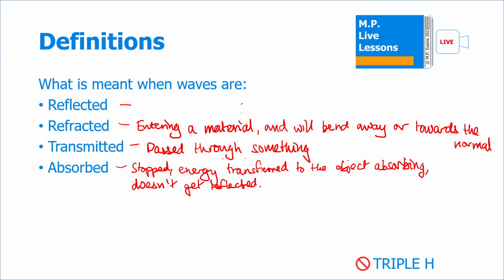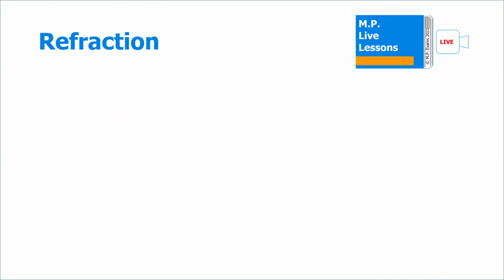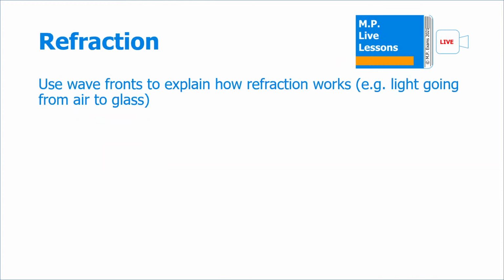Now, much larger focus is placed on refraction, where we use wavefronts to explain how this works. For example, light going in from air to glass. So let's say I have this boundary here, air on the left, glass on the right.